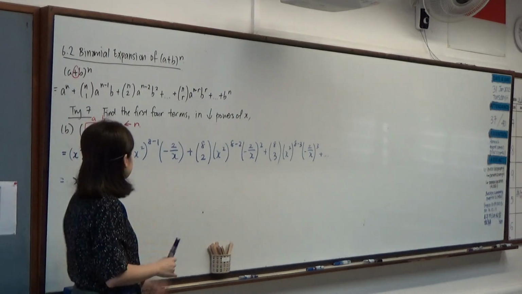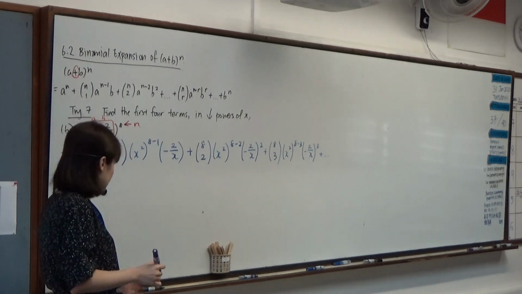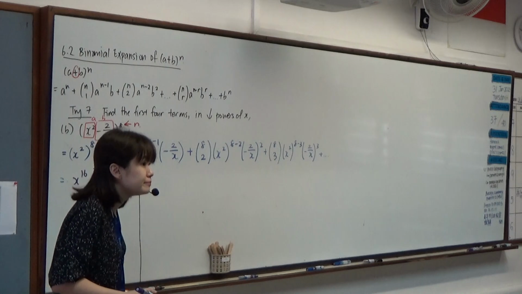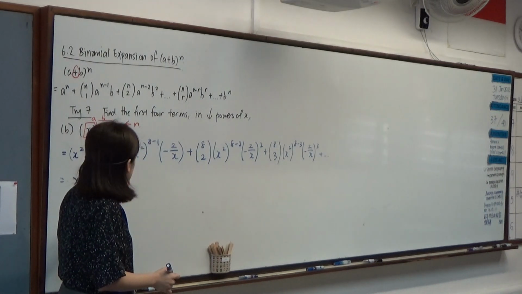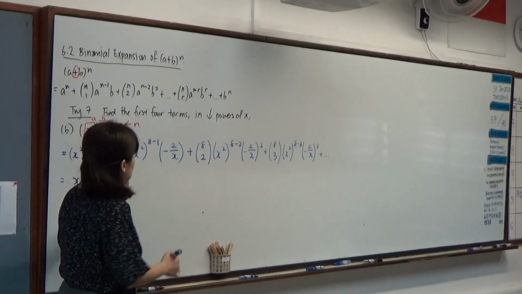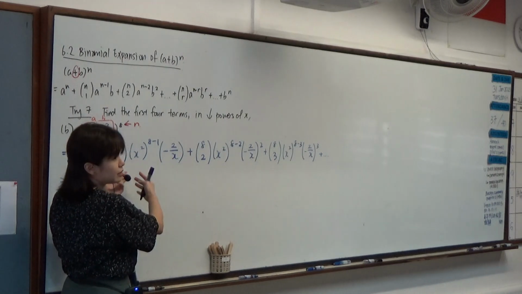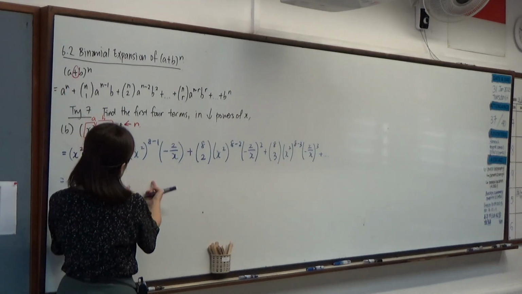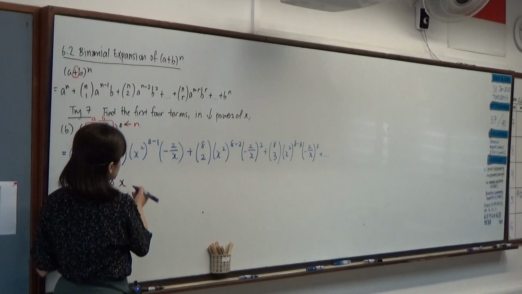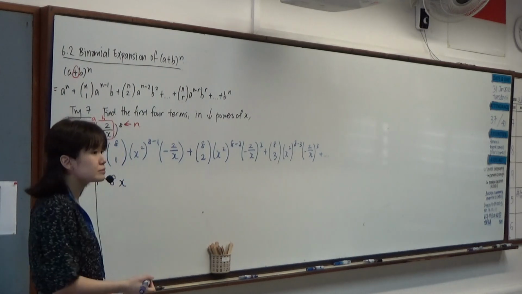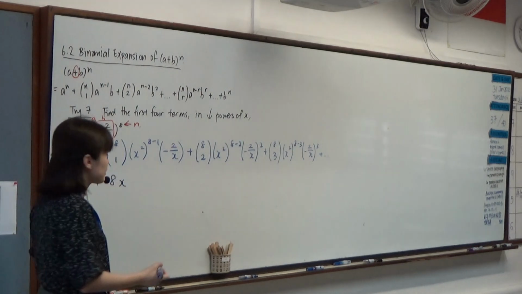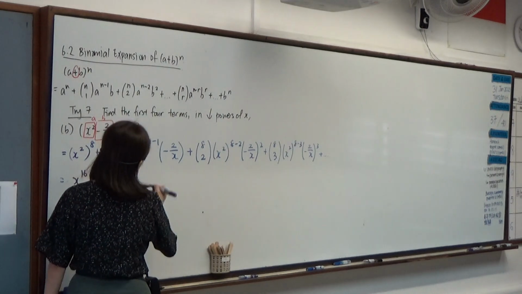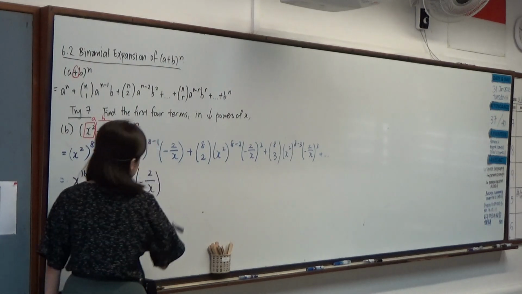Tell me 8 choose 1 first. What is it going to be? 8 choose 1 is 8. Maybe I break it down first so that there is 8 over here. This one will become x to the power of 14. Then this one has no change, so it will be like that.